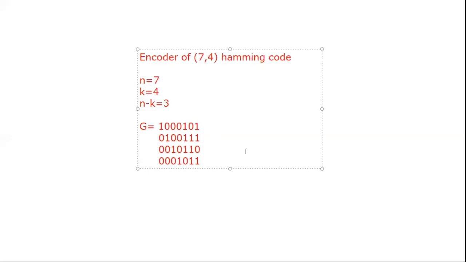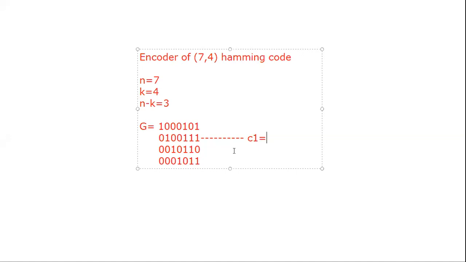So for this generator matrix, tell me the check bits. How many number of check bits here? Only 3 check bits. Now C1 equal to, what is the equation for C1?